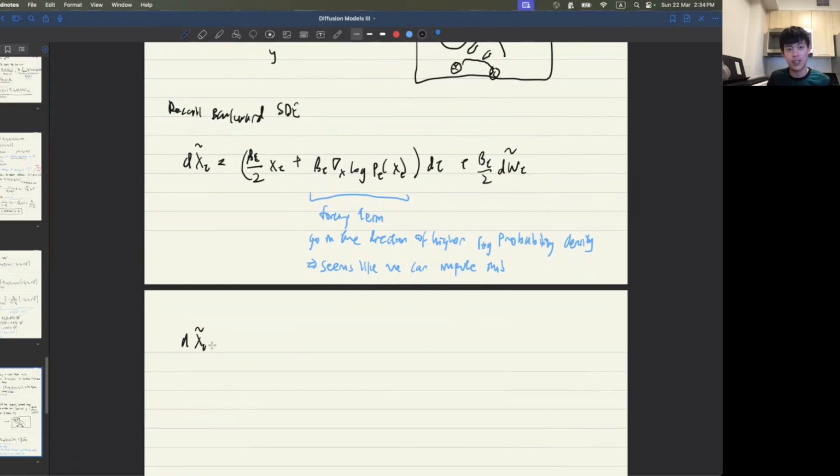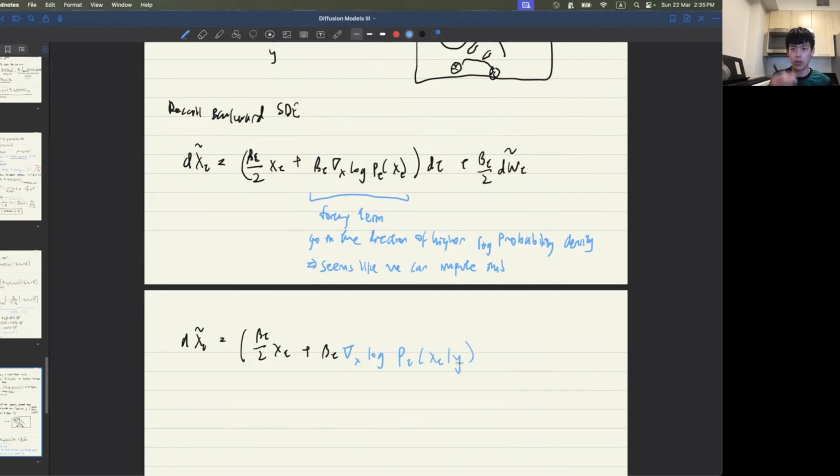So let me just rewrite it so that I can demonstrate what I mean by impute. dx_t is equal to beta_t over 2 x_t plus beta_t. If we want to generate images conditioned on y, we just need to consider the probability distribution of the images conditioned on y. And why not just use that score as the forcing term? It would be nice if we can have beta_t times the score of a conditional distribution, p_t(x_t given y).